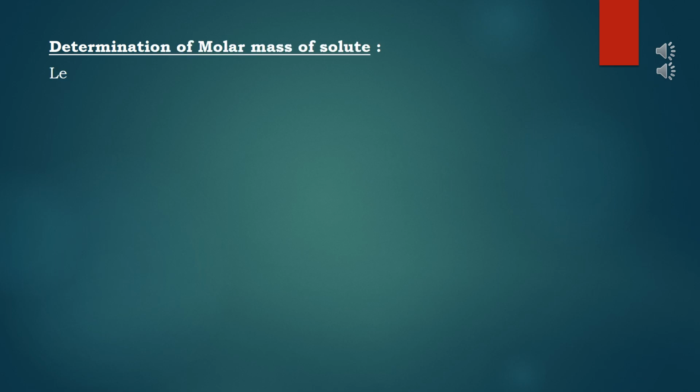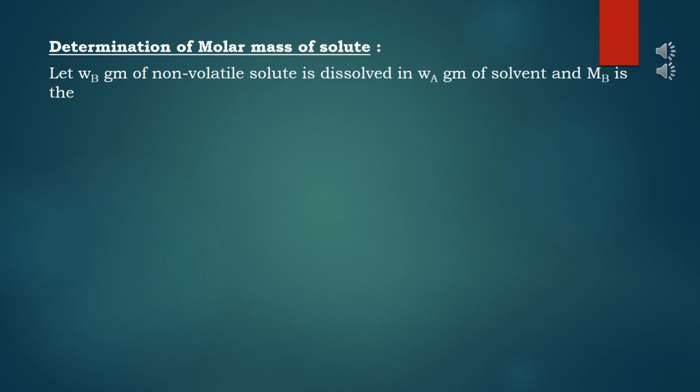So from elevation in boiling point colligative property, let's determine the molar mass of solute. Let Wb gram of non-volatile solute be dissolved in Wa gram of solvent, and capital Mb is the molar mass of solute.